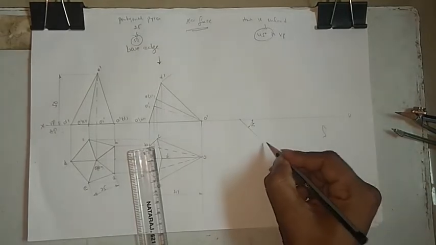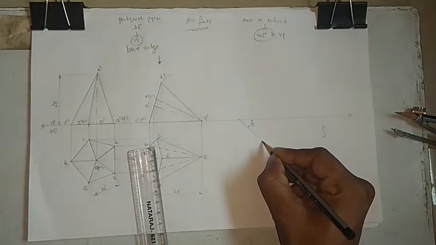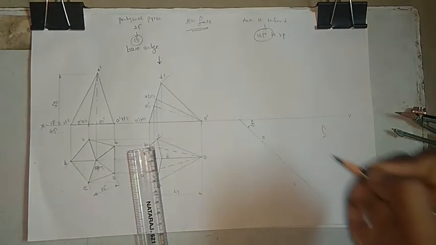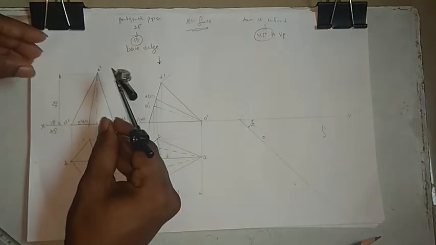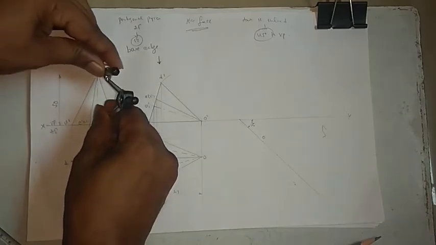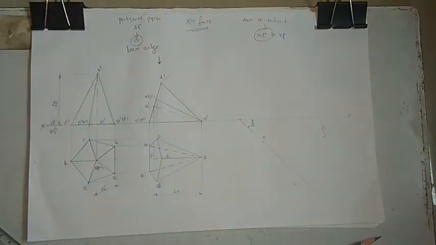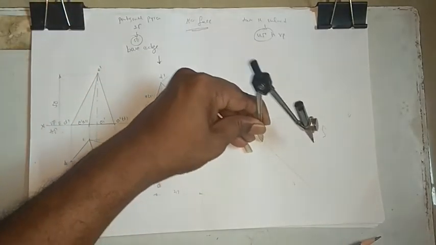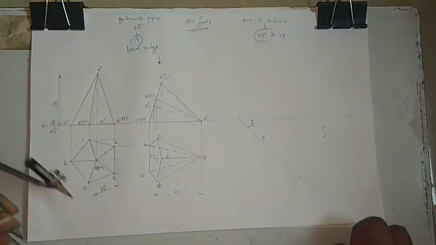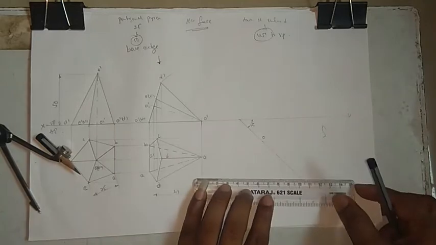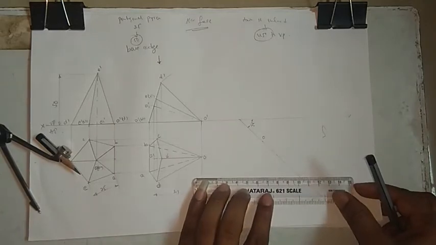Say for example we'll take it here, this will be our O. So first axis length is 50, so we'll take the first axis length 50 from the reference point, that is O. Okay, so we'll cut one arc. All right, so then we'll have one horizontal line on this one.